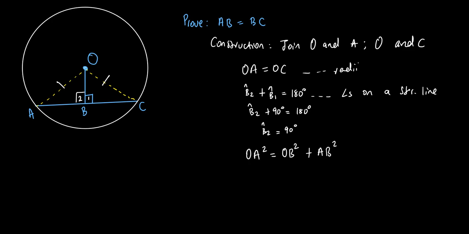Do we agree with this? That is the Pythagoras theorem. Okay, perfect. And then OC squared, do we agree that is OB squared plus BC squared? Still a Pythagoras theorem, right?